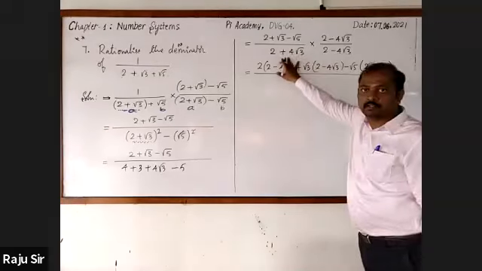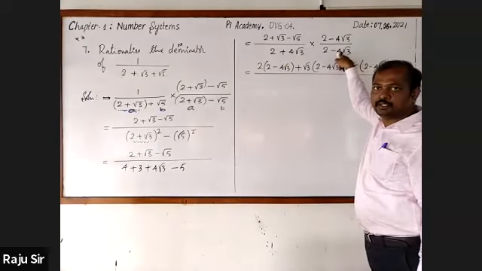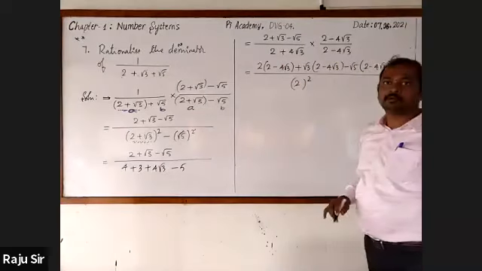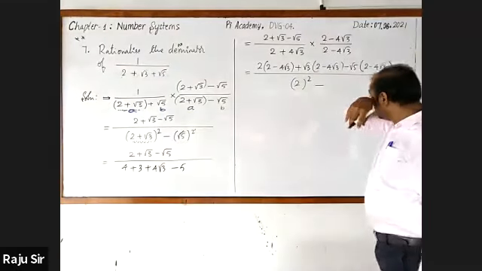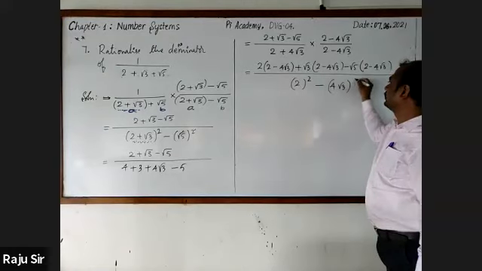Divided by, now this is of the form (a plus b)(a minus b), which gives a squared minus b squared: 2 whole square minus 4 into root 3 whole square.